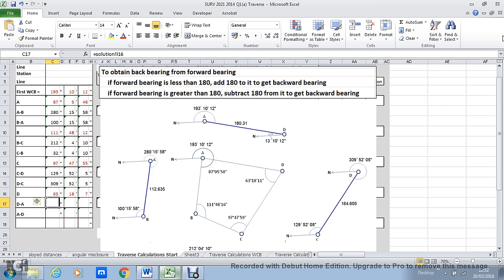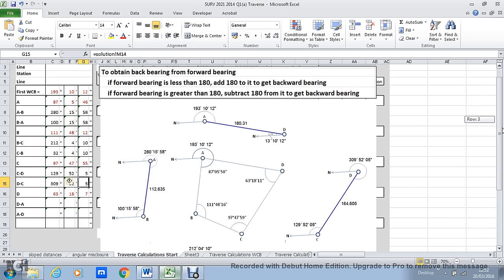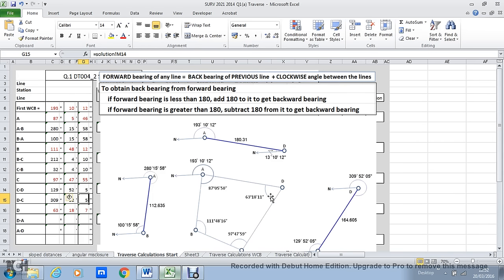So same again, we need the forward bearing from D to A. So the forward bearing of any line is the back bearing of the previous line. That's the 309, 52, 5, the back bearing of the line CD, in other words, plus the clockwise angle between them. That's given in here. The correct version is here. So we add these two together again. Now remember, when you add these two together, it's 309 and 63, so you can see you're going to go above 360 there.